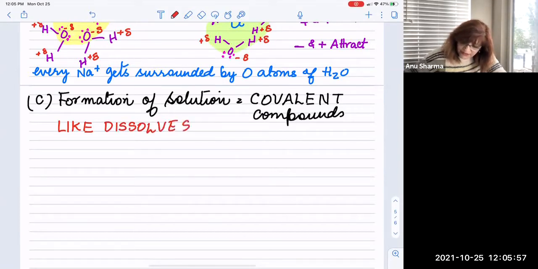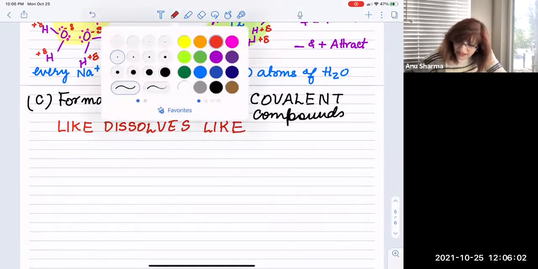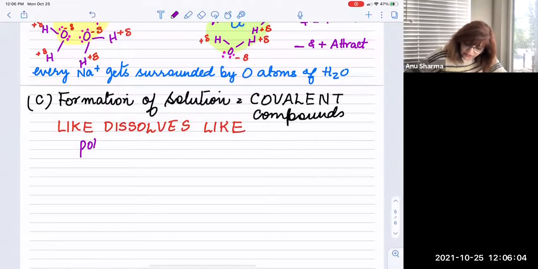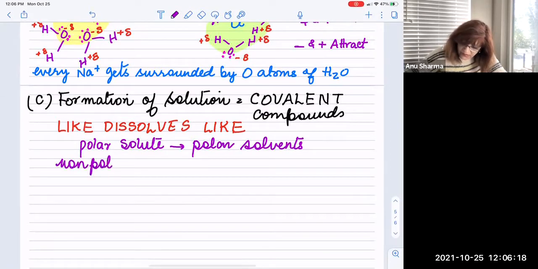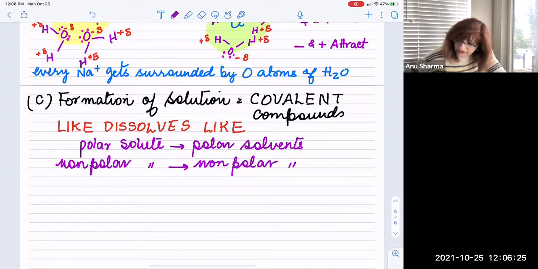Now what does this mean? Like dissolves like means that polar solutes are going to dissolve in polar solvents, and non-polar solutes are going to dissolve in non-polar solvents. Okay, and then that is going to form the solution.